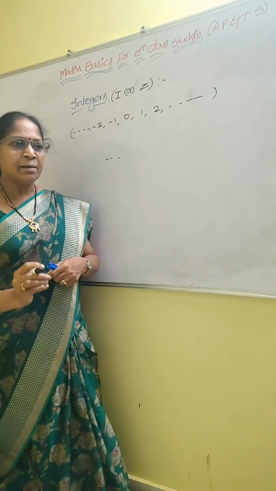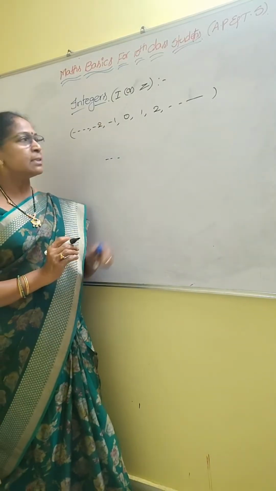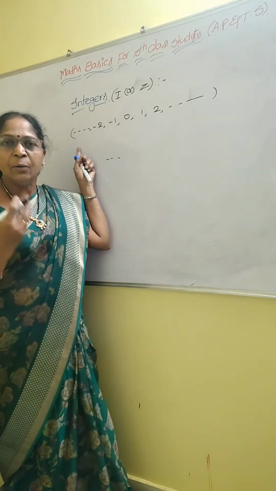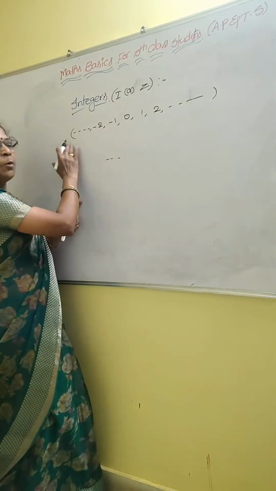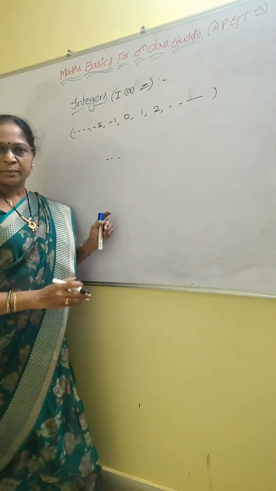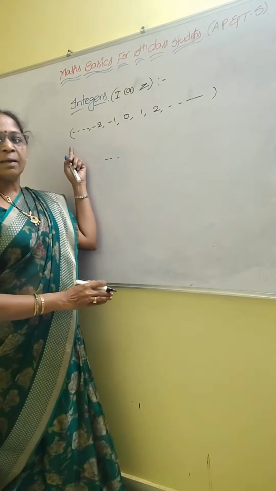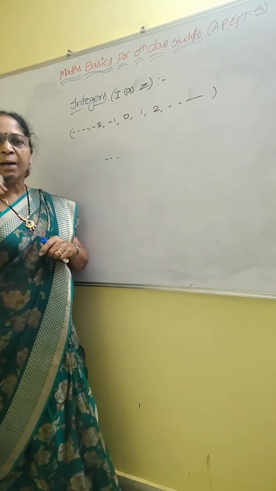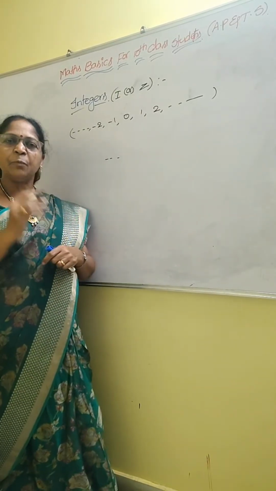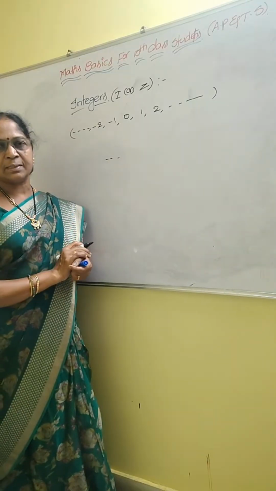What is the meaning of and so on? Here there is no end. So many numbers are there. And so on is nothing but infinity, which means we cannot count the numbers.